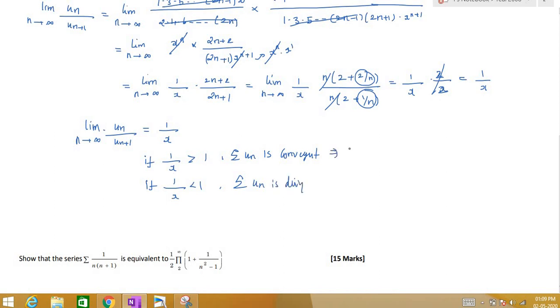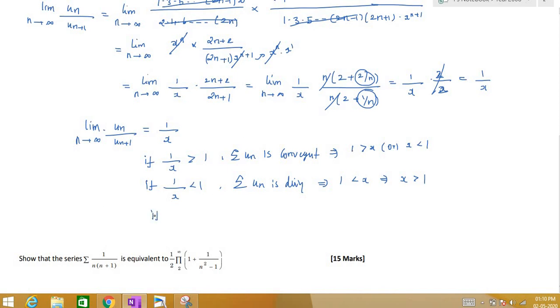So 1 by x greater than 1 means 1 is greater than x, or x is less than 1. So whenever x is less than 1, this series will be convergent. 1 by x less than 1 means 1 is less than x, so x is greater than 1, right?